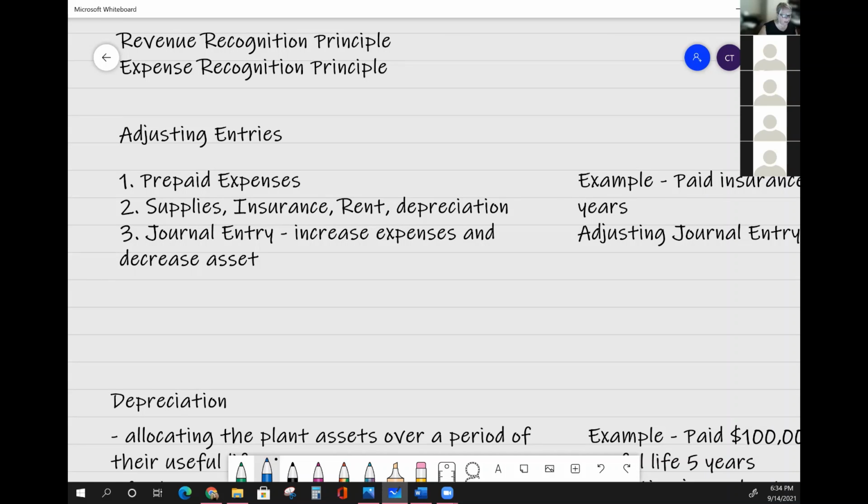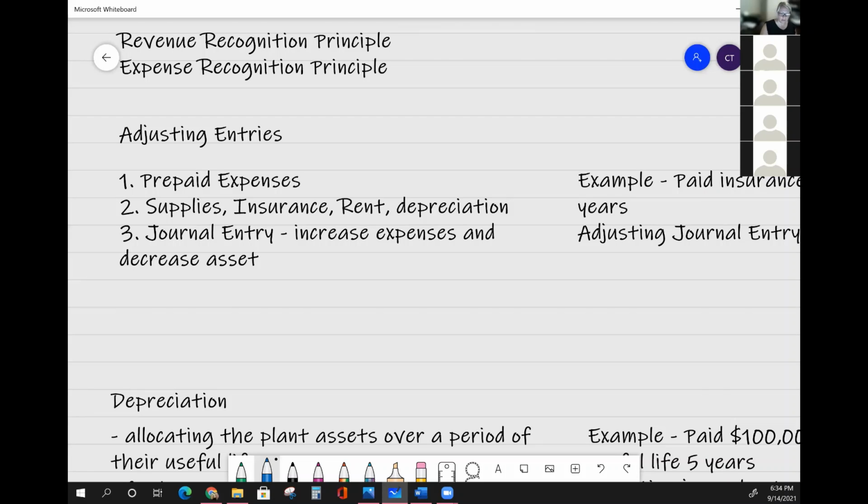We have prepaid insurance. We will pay for an insurance policy that's for a period of time, and that insurance policy is going to bring us benefits through, let's say, the next 12 months, 24 months. And we want to recognize those expenses as we go. So we want to put it into a prepaid expense, which is an asset account.